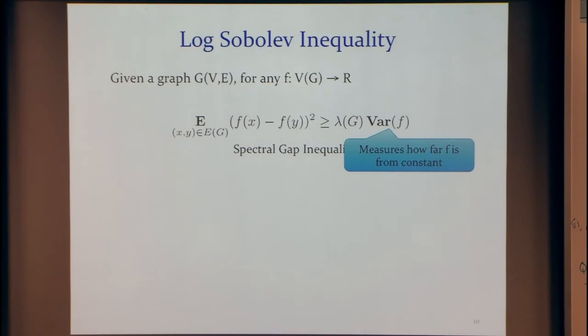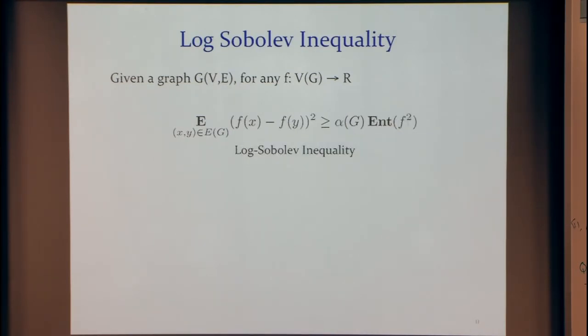another measure in order to quantify how far f is from the constant function. One such measure is called the entropy, and that in fact will give us what's called the log Sobolev inequality. I'll define the entropy in a second. So the log Sobolev inequality says the quadratic form of a function f is lower bounded by the log Sobolev constant times the entropy of the function.